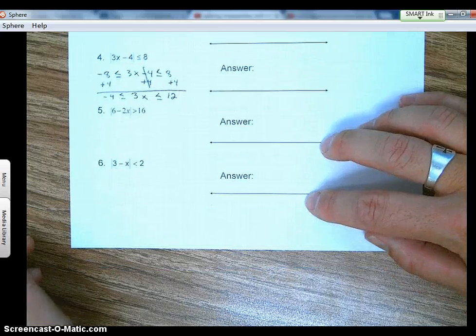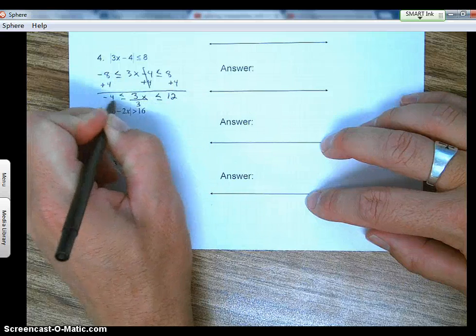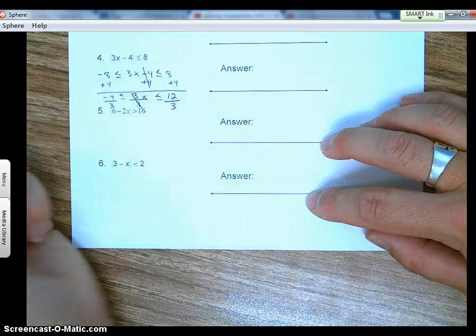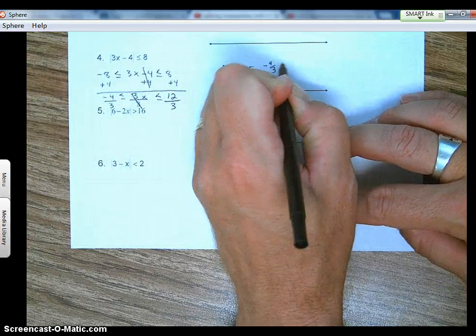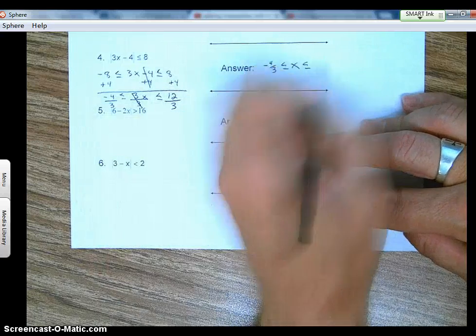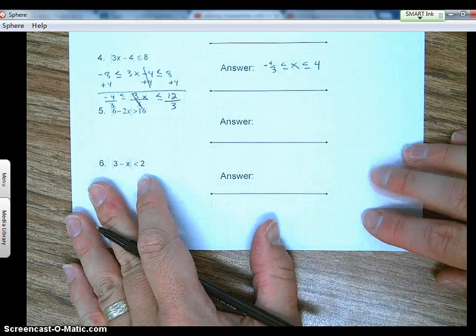Okay? And then we undo the multiplying on the inside. So we're going to divide everything by 3. So we're going to have negative 4/3 less than or equal to x less than or equal to 4. And so that's going to be our solution.